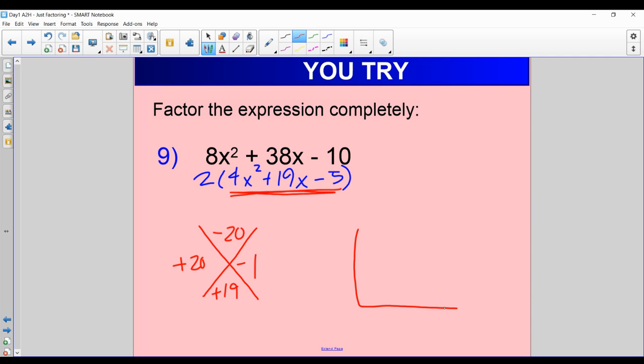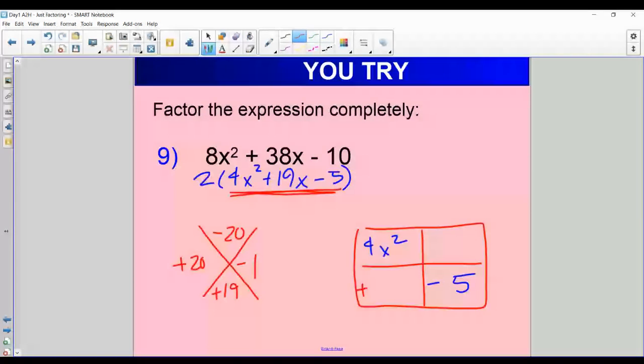When I toss these into the box, I have my 4x squared and minus 5 from my original equation. Then I am taking my plus 20x and my minus 1x from over here, and they are just a way of splitting up that 19x.